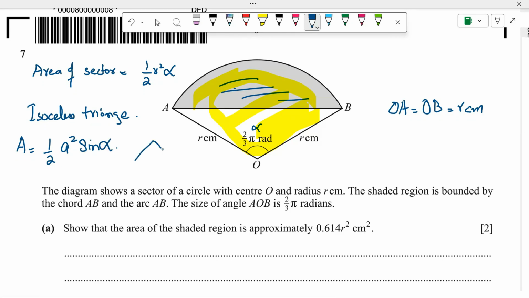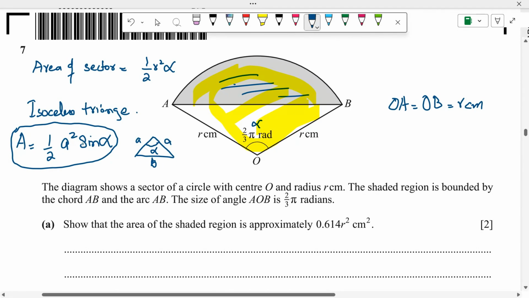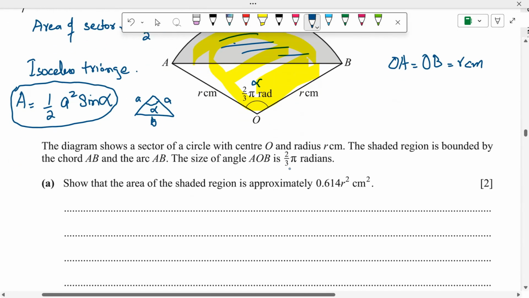If we have a triangle which has two equal sides, which is a, and we know the angle between the equal sides, which is alpha in this case, and OA and OB are equal, which is equal to r centimeters, and the angle between these equal sides is alpha, then we can use this formula to find the area of the triangle. Okay. Now these two pieces of information will be used to solve this question.